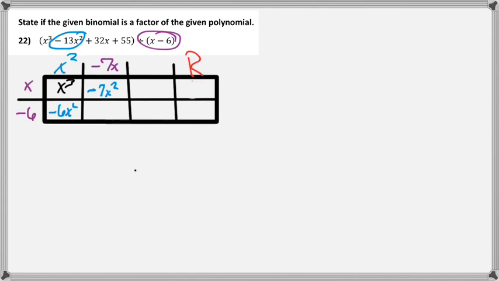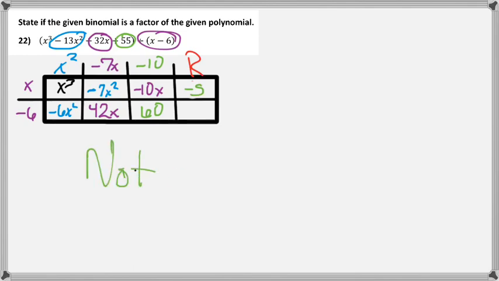Multiply, and that gives us a 42x. 42 plus what is going to be that positive 32, so negative 10x. And then I need to divide. And that gives us a negative 10. Negative 10 times negative 6 is going to be a positive 60. And that doesn't match up, so that means I'm going to have a remainder of negative 5. So that means this is not a factor.